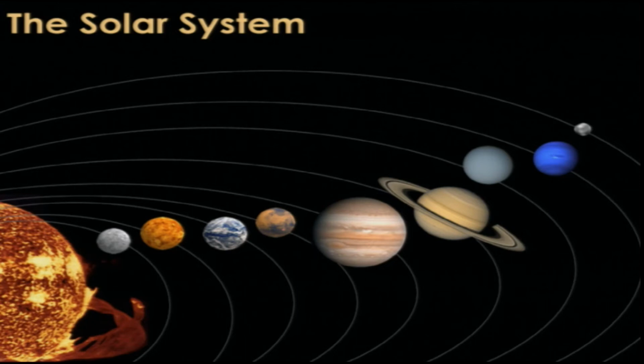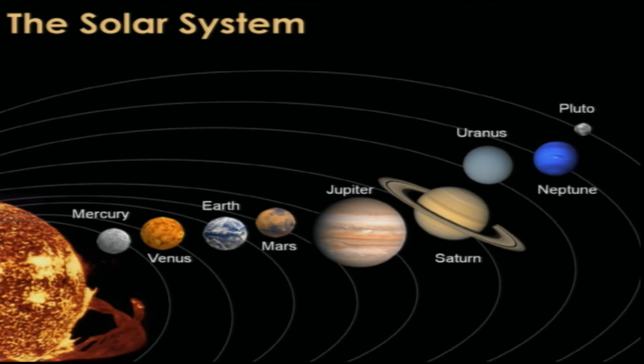Now, just broadly and very quickly, we will look at what we have. We have the solar system, and then we have Mercury, Venus, Earth, Mars, Jupiter, Saturn, and then Uranus, Neptune, and Pluto. Of course, Pluto is gone now.